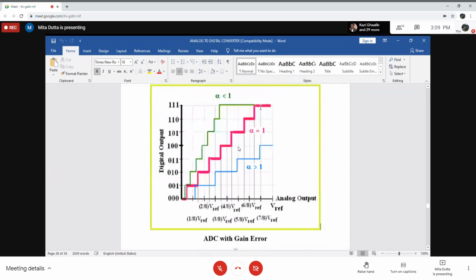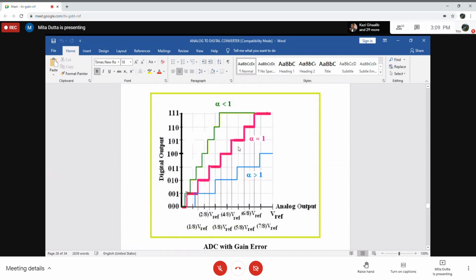In the gain error, since this is the ideal input-output relationship, the first transition occurs at 0.5 LSB, and after that, this is equivalent to the quantization step, or 1 LSB, except the last transition, from 110 to 111, where it will be 1.5 LSB.